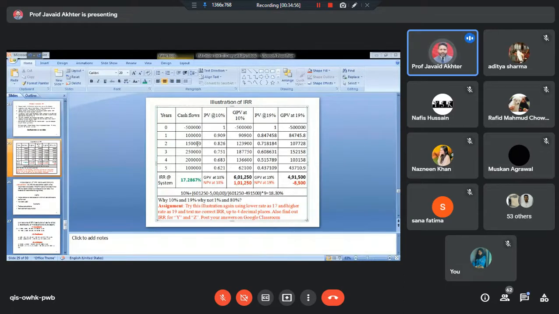For the remaining years, when you come to the second year, this plus the interest earned plus this amount should be reinvested for the remaining life of the project, that is 3 years. Then when you arrive at the third year, your inflow of the first year plus interest, your inflow of the second year plus interest already earned, put together, all the amount should be reinvested at 18.3% for the remaining 2 years.